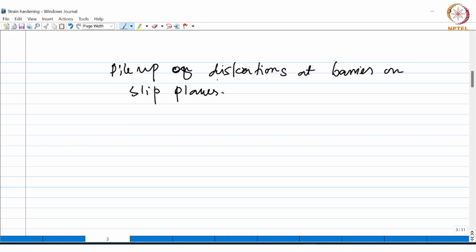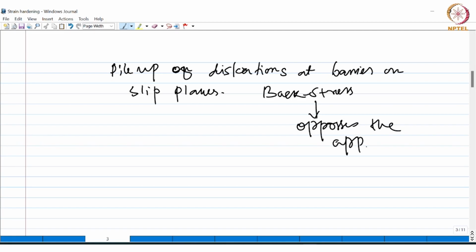So this pile up causes a back stress which opposes the applied stress, and hence more stress is required for further plastic deformation. Okay, so that is how the hardening occurs according to this theory.